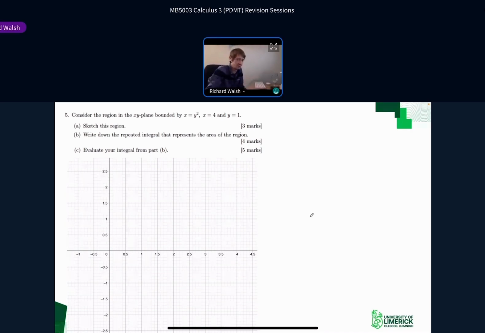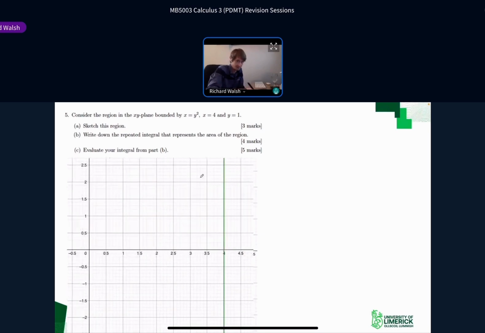So I'll put in the graph bit by bit. I'll start with x equals 4. x equals 4 is just a vertical line at x equals 4. Why? Because along any point on that line, like here's the point (4, 1), here's the point (4, 2), here's the point (4, 0), here's the point (4, minus a half), x is always 4 along that line.